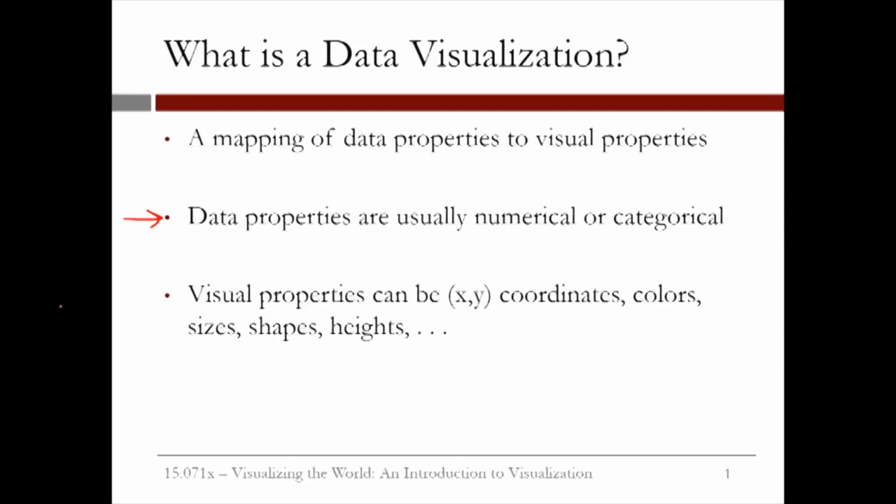Data properties are usually numerical or categorical, like the mean of a variable, the maximum value of a variable, or the number of observations with a certain property. Visual properties can be x-y coordinates to plot points on a graph, colors to assign labels, sizes, shapes, heights, etc. Both types of properties are used to better understand the data, but in different ways.